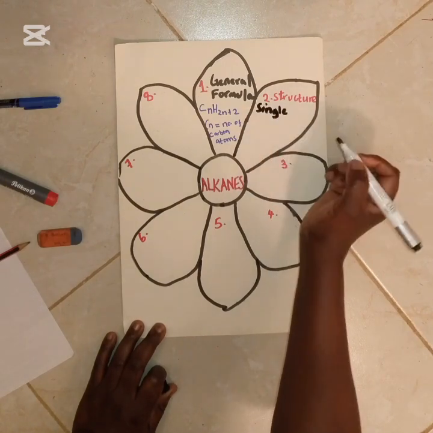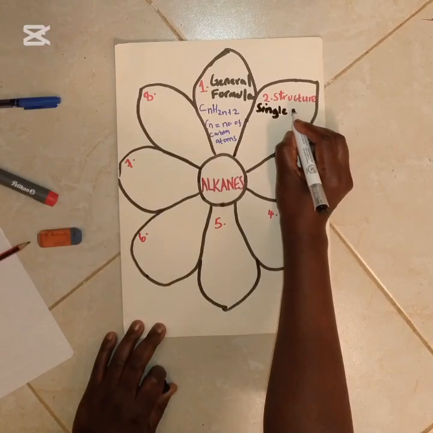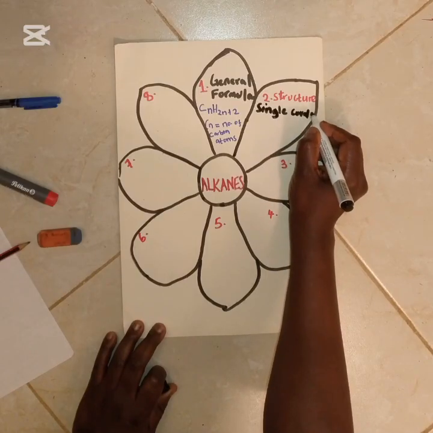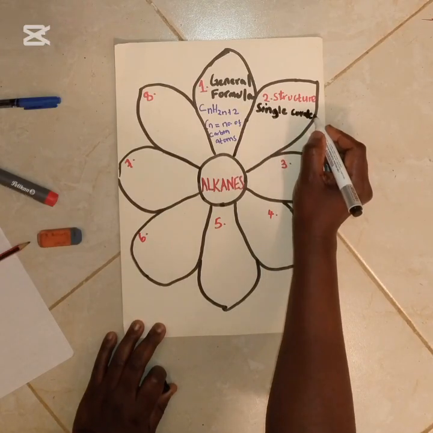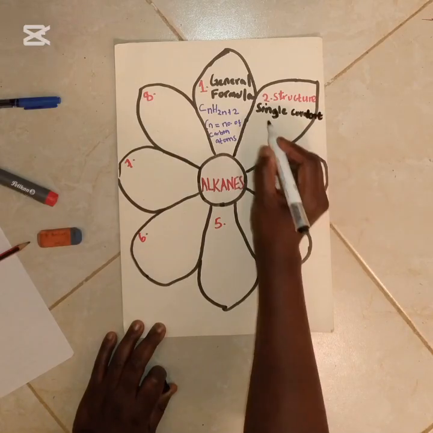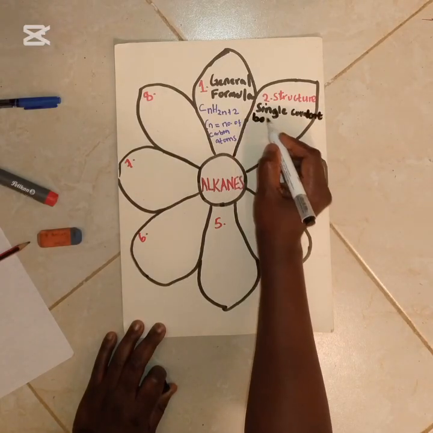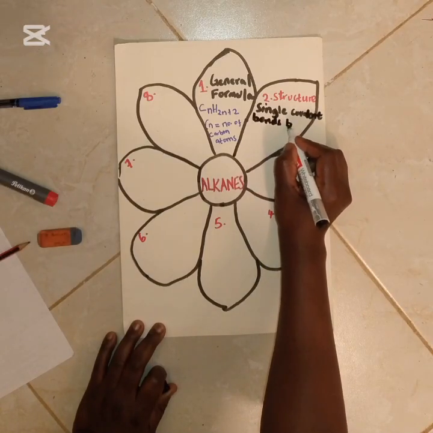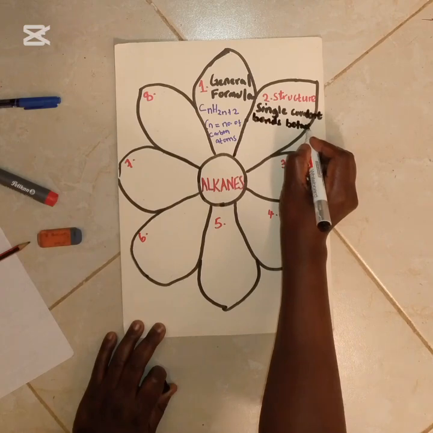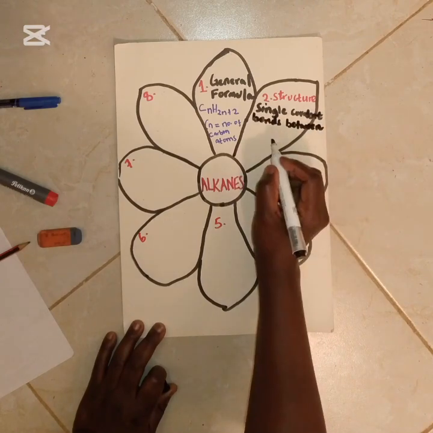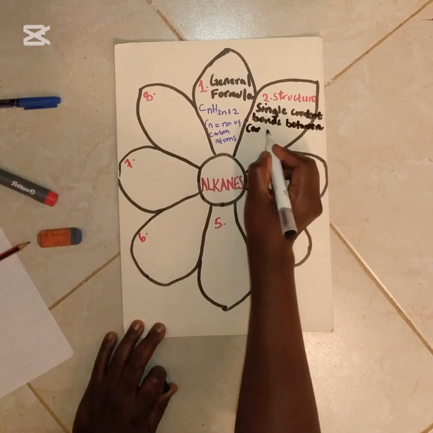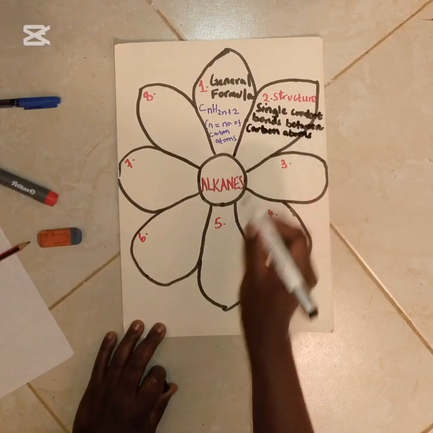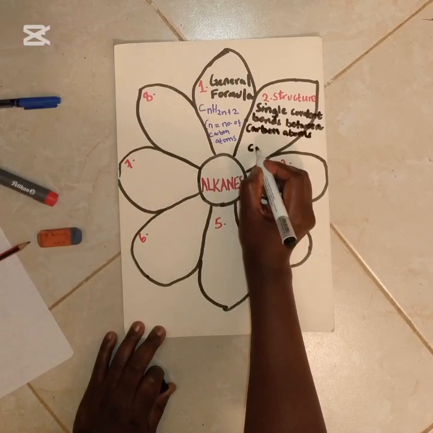This second petal reminds us that alkanes contain single covalent bonds between carbon atoms, so that anytime I find an organic compound with single bonds between carbon atoms, then I know that that is an alkane, and therefore we are able to tell the structure of the alkane.